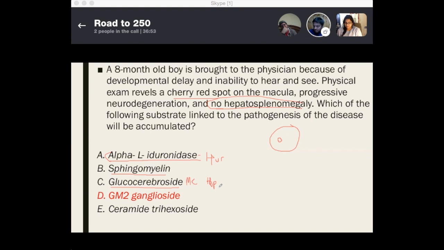And what kind of cells would you see in this one? Also lipid-laden macrophages. Right, but they're not called foam cells for this one. They look like what? They are Gaucher cells, and they look like crumpled tissue paper.